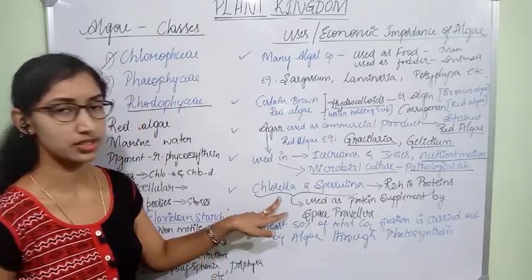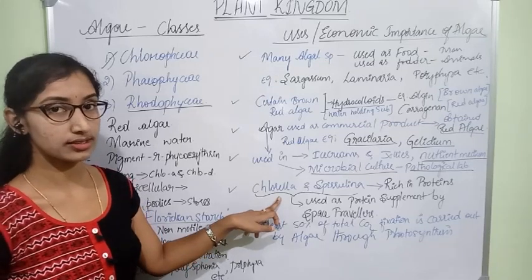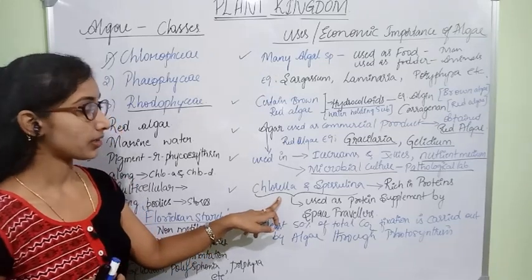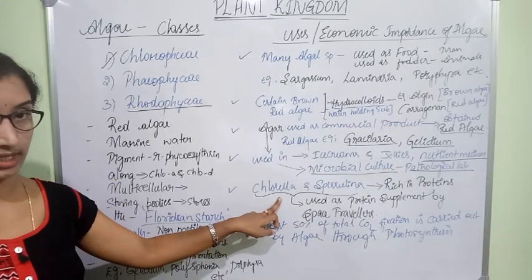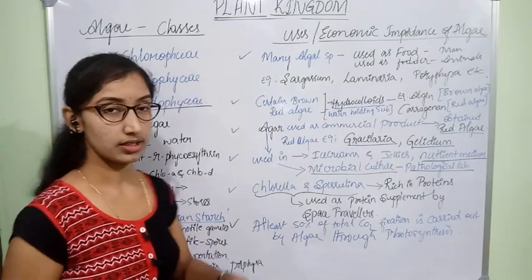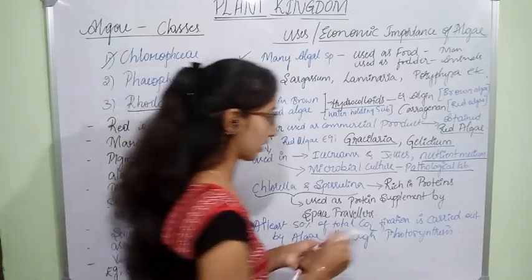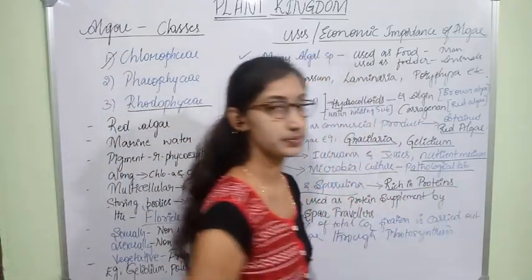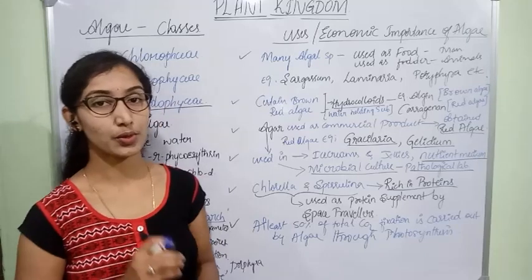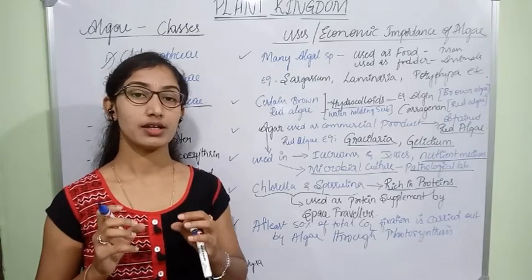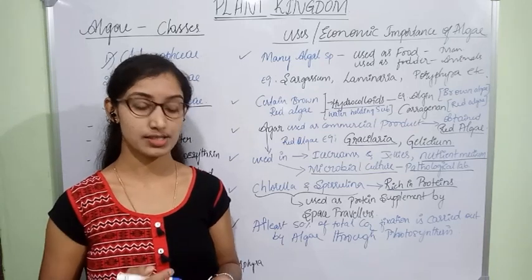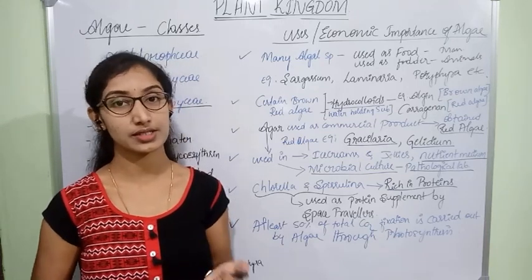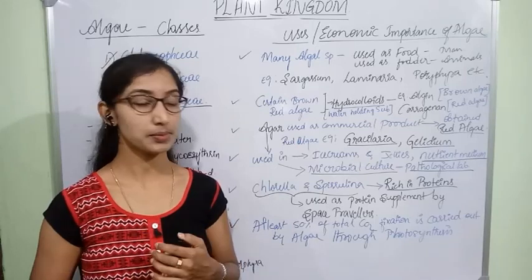And the next commercial use or importance of algae is Chlorella and Spirulina. Chlorella and Spirulina are rich in proteins. They are very popular food products nowadays, used as nutrient material.